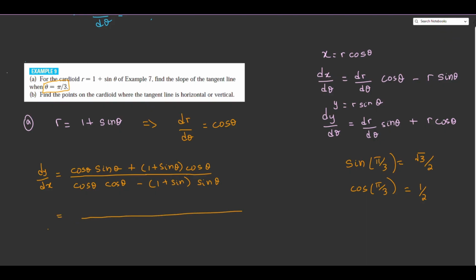So what we are going to get, dy by dx evaluated at the point theta equals pi by 3.